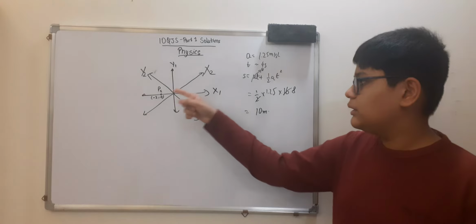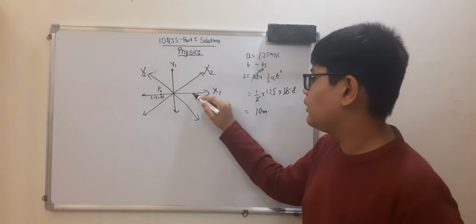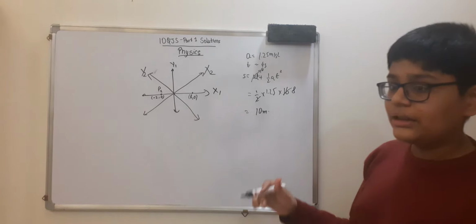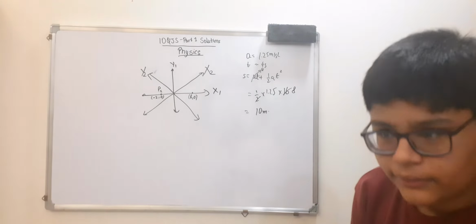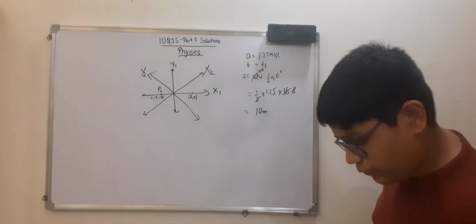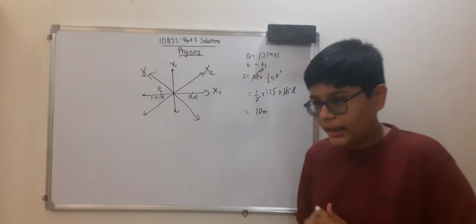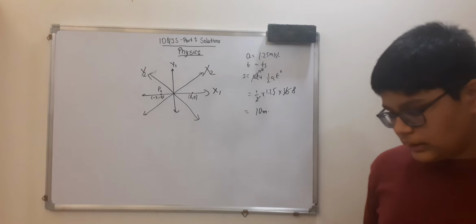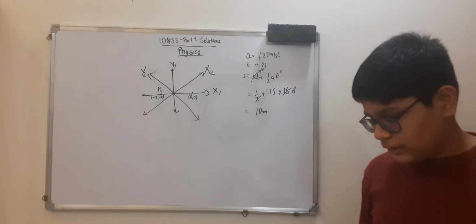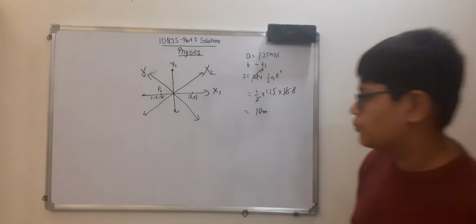So from minus 2 comma 0 along the x1 axis, it has traveled 10 meters, so you will reach 8 comma 0, because minus 2 plus 10 is 8. Now the second particle P2 is starting from the origin, and its acceleration is given as 5 and its time is given as 2.